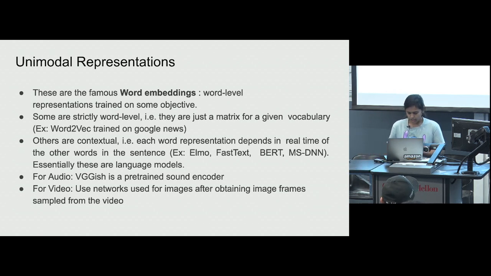These days, the good thing is that we have contextual word embeddings like BERT. The difference between a static word embedding and a contextual word embedding is that in a static word embedding, for a given word, you always have the same weight representation. In a contextual word embedding, it depends on the sentence. For instance, this is a very simple example, but consider someone saying, I love Apple.